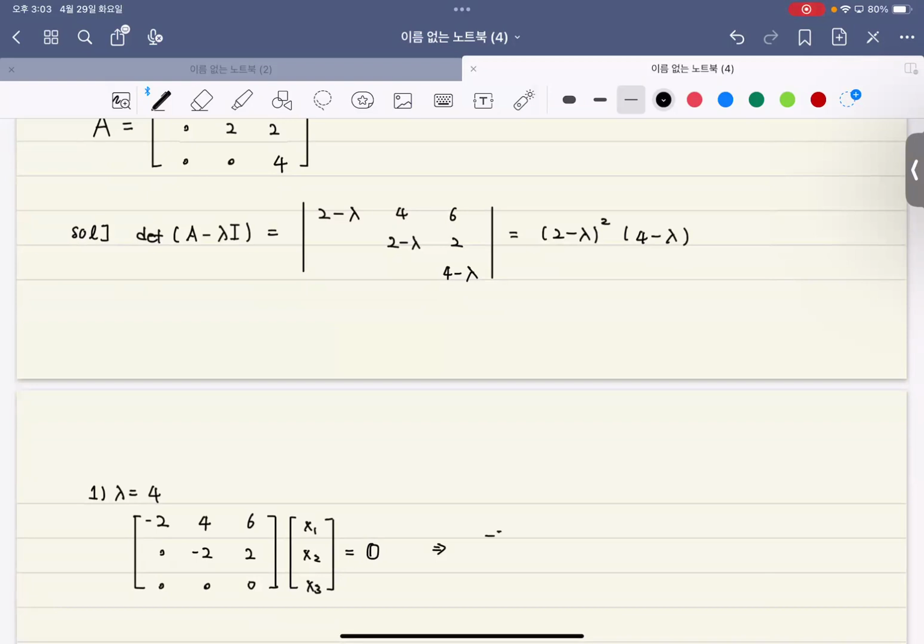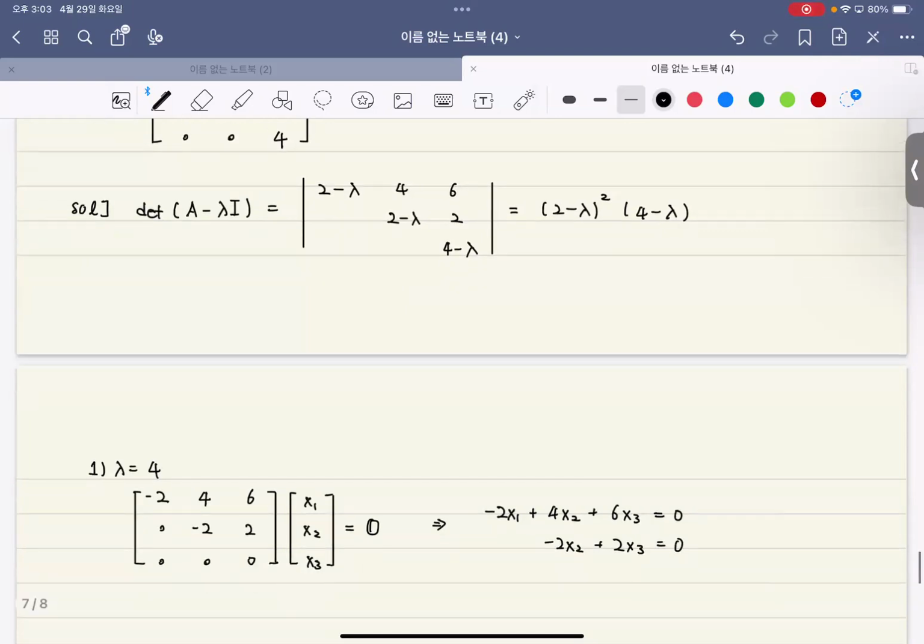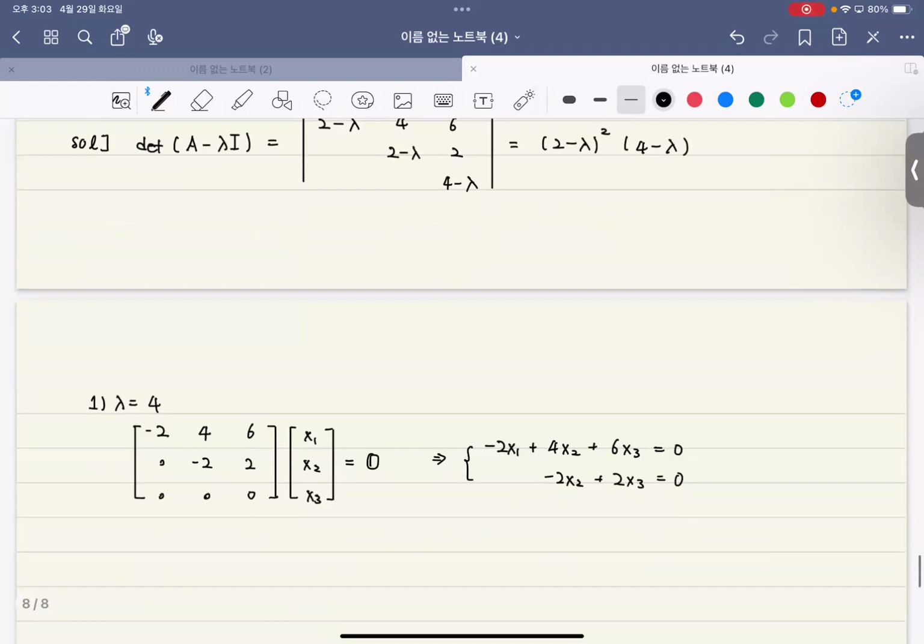So minus 2x1 plus 4x2 plus 6x3 equals 0, and minus 2x2 plus 2x3 equals 0. Yes, this requires some computation.